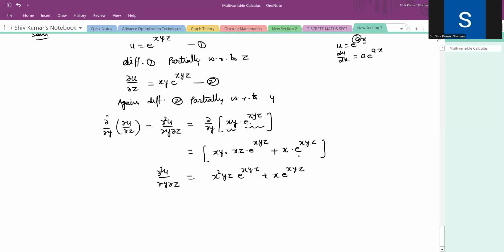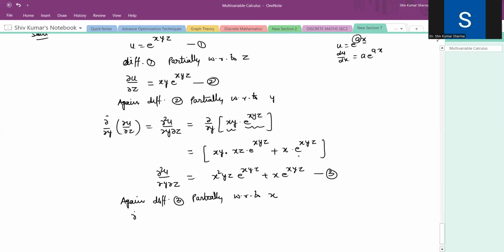Now again differentiate. This we write as equation number 3. Again differentiate equation 3 partially with respect to x.